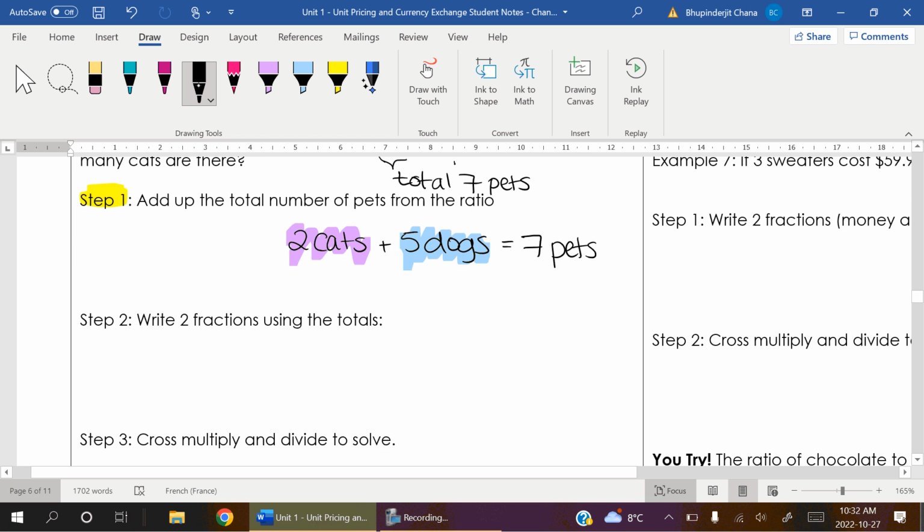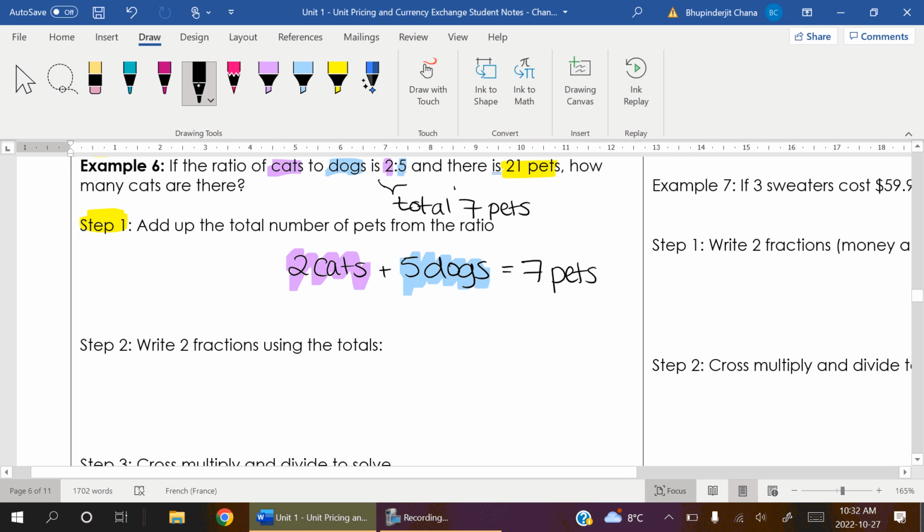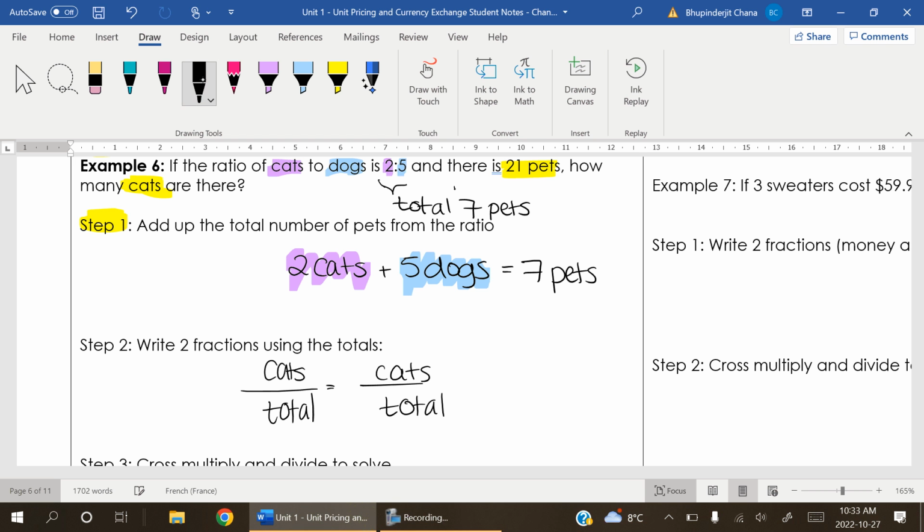Then we're going to write our two fractions. We want to know the ratio between pets and cats. So my first number is representing cats here. We're going to do cats to total equal to cats to total. Okay, let's fill in some numbers here.